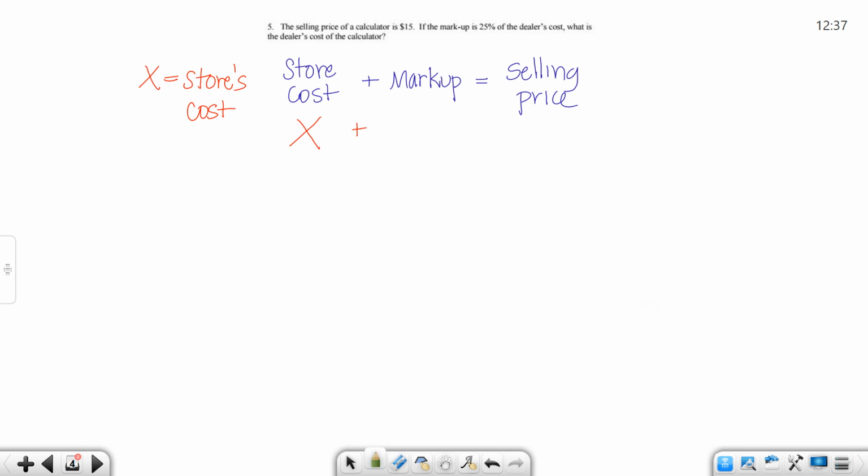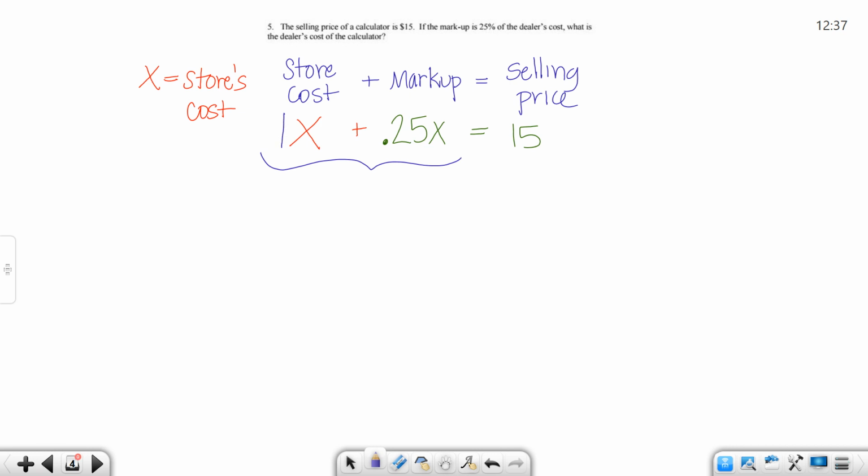But then they have to mark it up. And the markup is 25%. So 25% would be 0.25. Now remember, it's not just 0.25, it's 25% of the whole, so you have to put the X in there with it. And that equals your selling price, which is $15. You have to put these X's together.